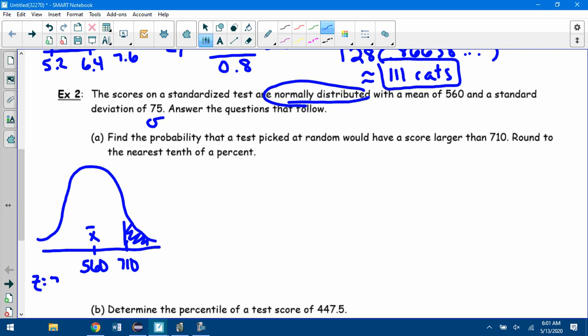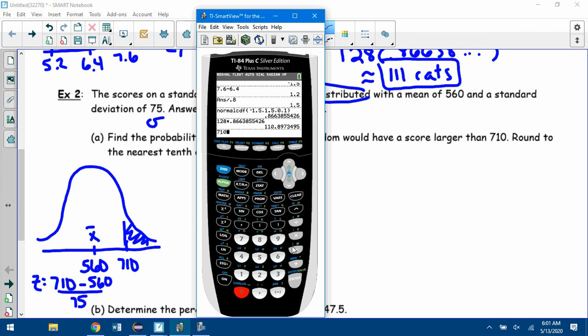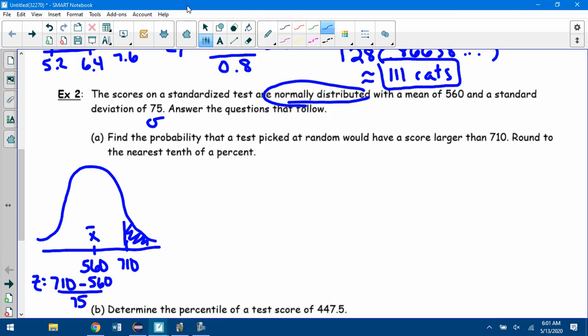So the observed is 710 minus the mean, 560, divided by the standard deviation, which we said was 75. 710 minus 560, hit enter, divided by 75, 2. So it's just 2 standard deviations above.